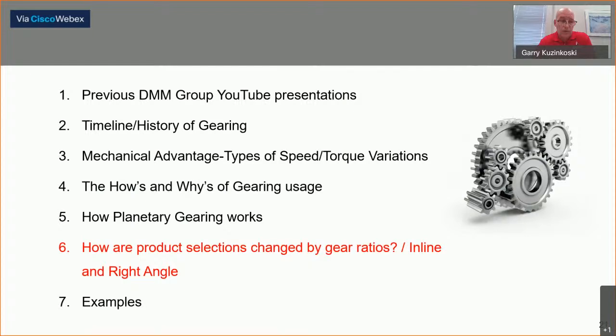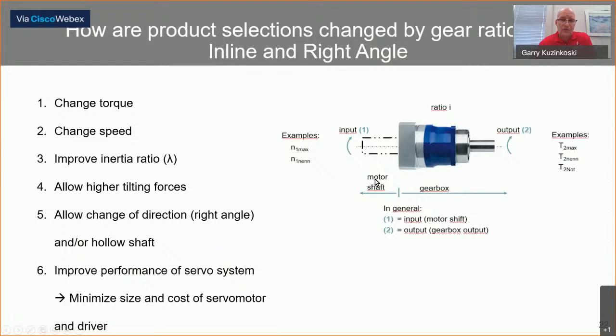One, it changes the output speed, and that could be a good thing or a bad thing. Two, it can change the inertia ratio. And what does that mean for us? Well, if I'm changing the ratio and I'm inputting so much torque into it, we'll call it 10 Newton meters, for example, and I go from a 3 to 1 to a 5 to 1, I'm now outputting as a direct result 50 Newton meters instead of 30.